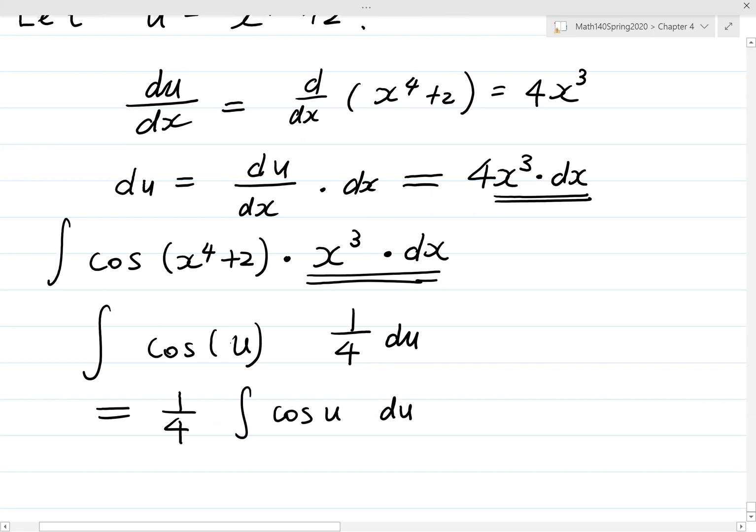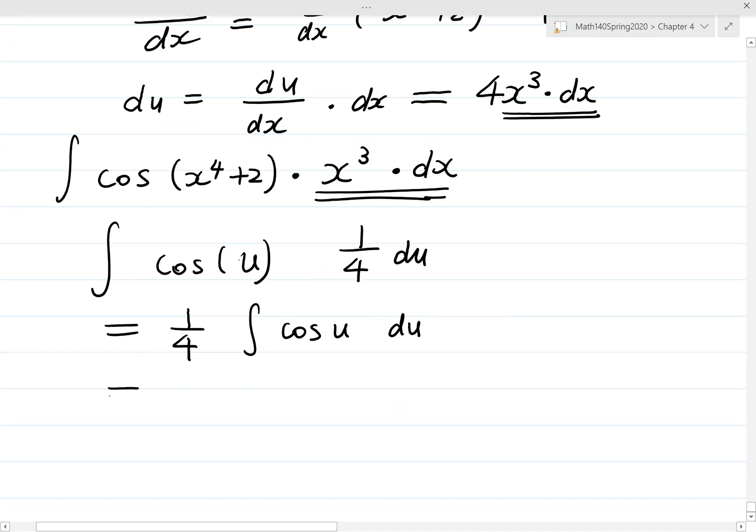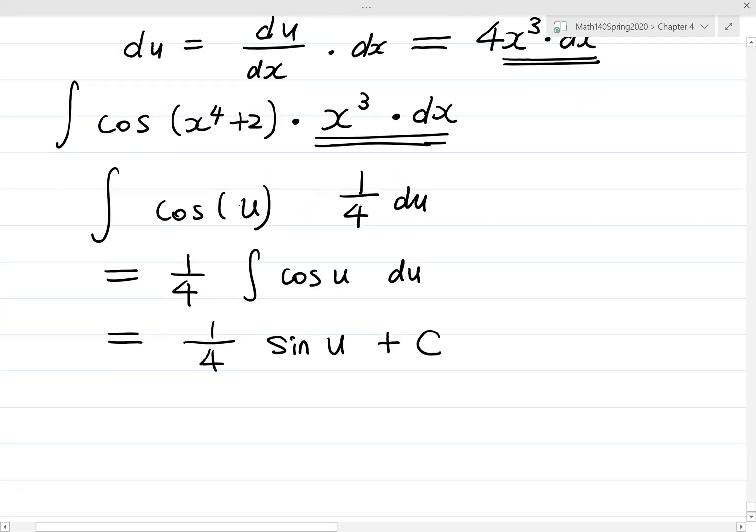Now cosine u du is in the antiderivative table, so this is 1/4 sine of u. Once we're done, we add the constant c. And then the last step, return to the original variable x.